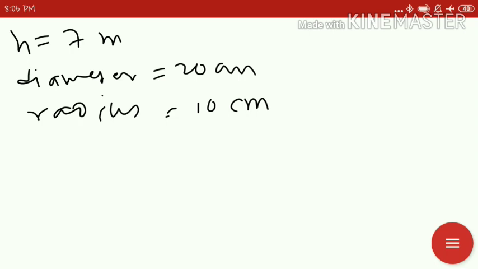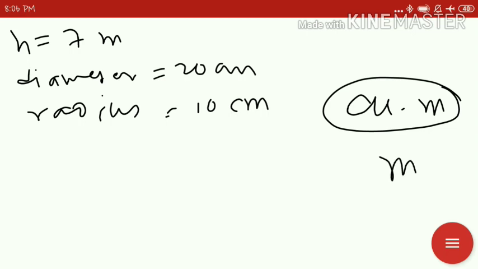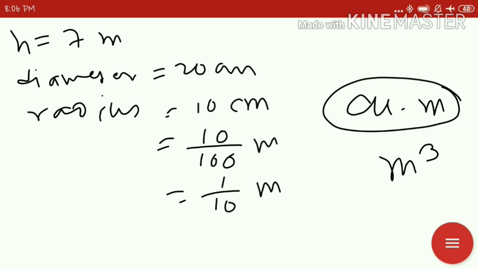Now read the problem again, that you need to find out the weight of 225 kilogram per cubic meter. Cubic meter, that means we have to find out the volume in meter cube. So we will keep the whole thing in meter. So centimeter, if we convert into meter, it will give 10 by 100 meter, that is 1 by 10 meter. That's the radius.